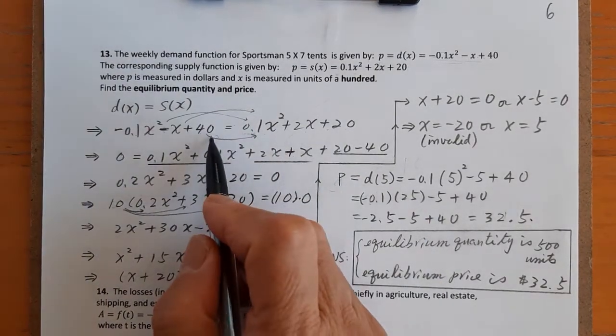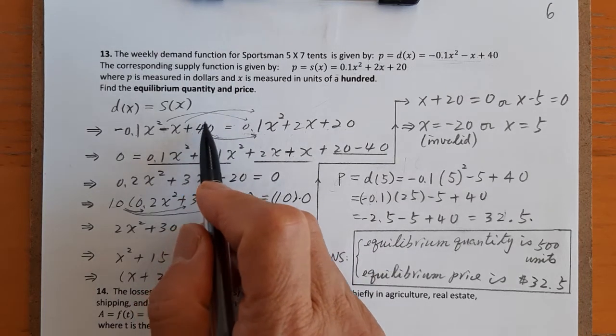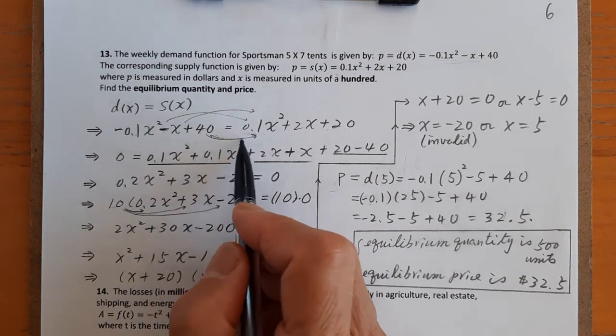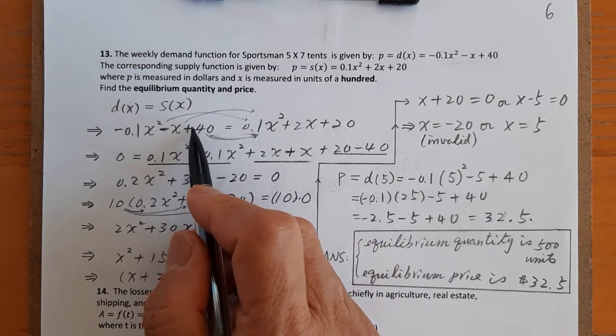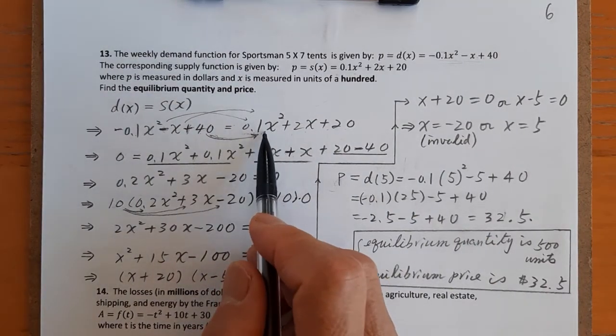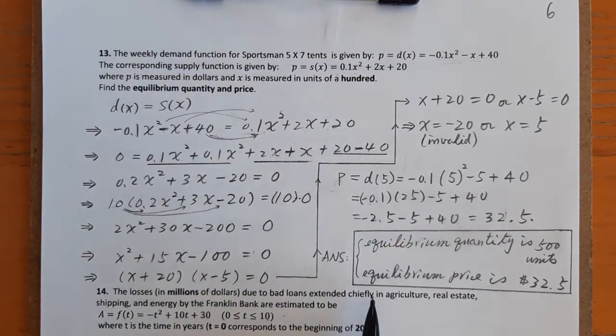And move the constant term: subtracting 40 from both sides is the same as moving 40 to the right side and changing the plus to minus. Here we have 0.1 x squared, 2x, 20.